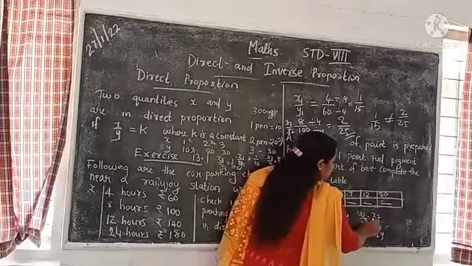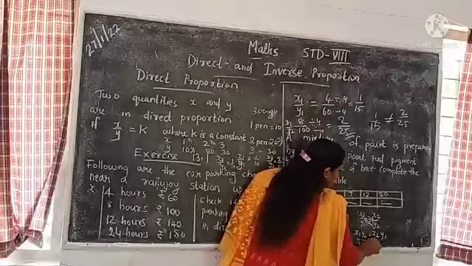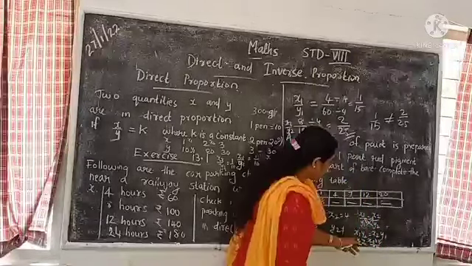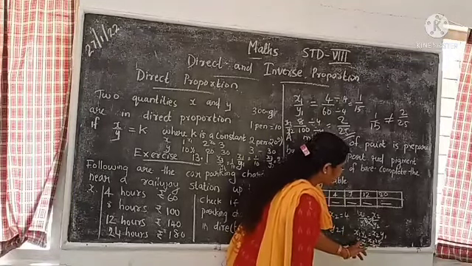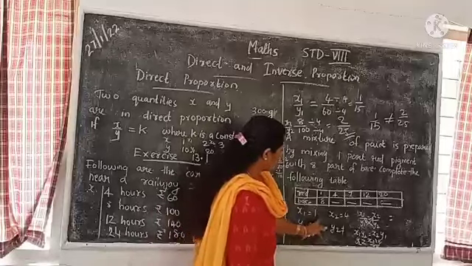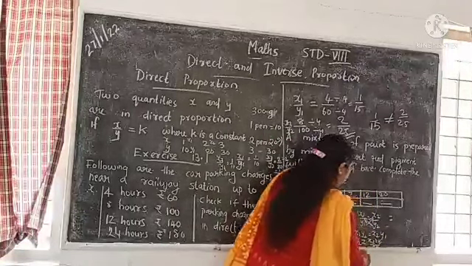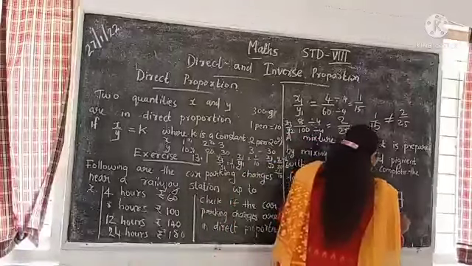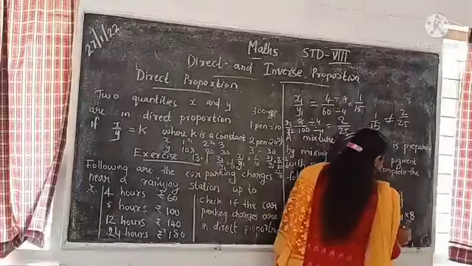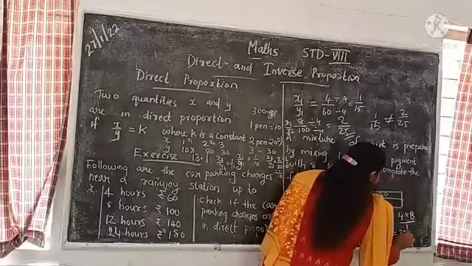So y2 is equal to x2 into y1 by x1, that's 1 by 8 is equal to 4 by y2. y2 is equal to 4 into 8 divided by 1, that's equal to 32.